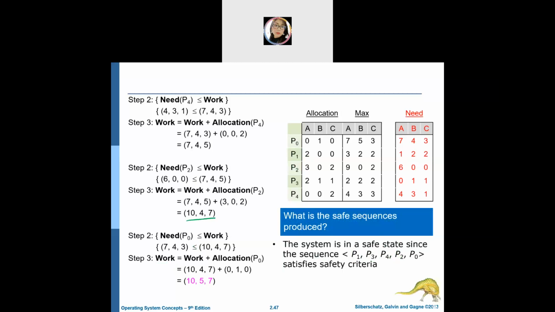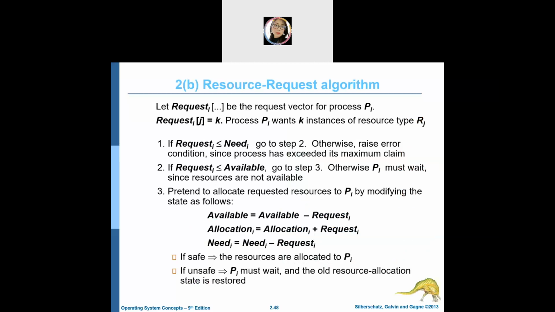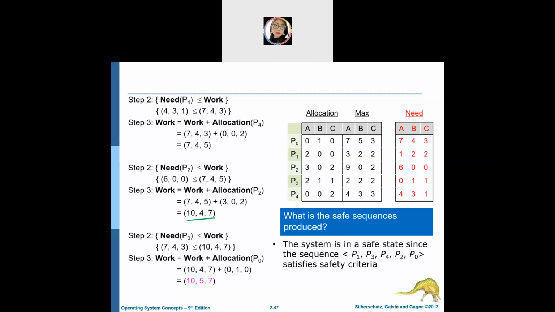So what is the safe sequence process? This is the flow you need to meet if you want to have a safe state. If you follow these steps, then you're going to get the safe state. So you need to follow the sequence.